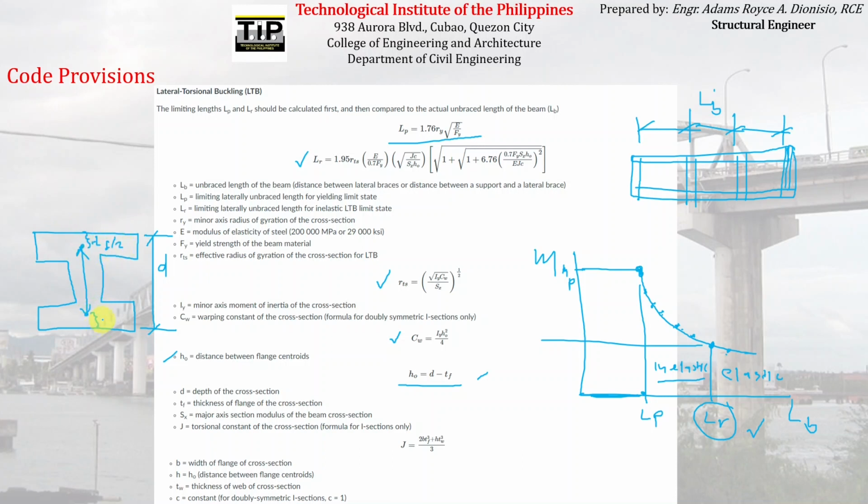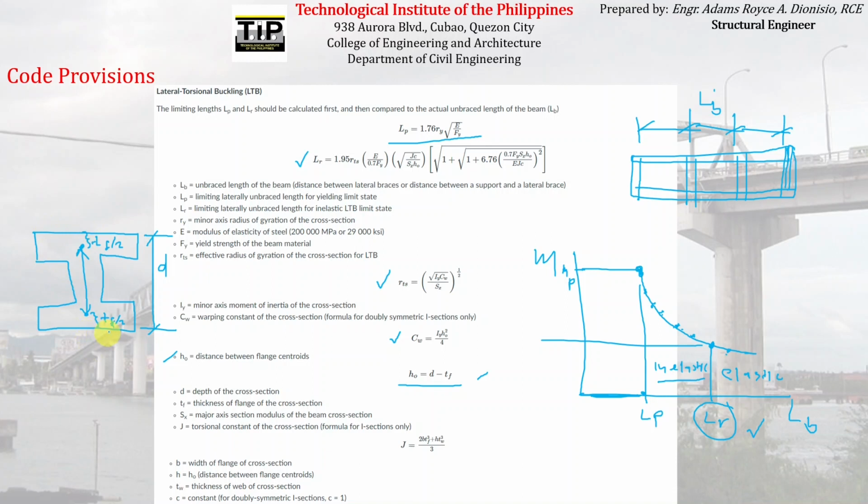And ganun din to. Half lang ng tf. Okay? So, equal lang naman yung dalawang yan kasi nga, we are just limiting our discussion to doubly symmetric I section. So, ibig sabihin, symmetric naman siya with respect dito sa major axis. Parehas lang yung nasa top tsaka bottom flange.